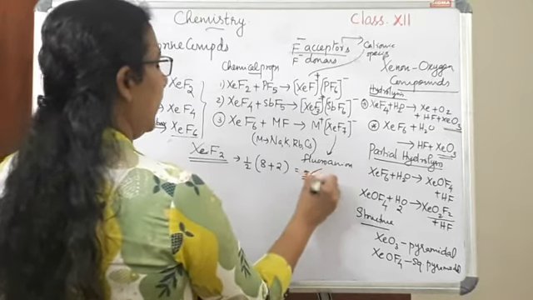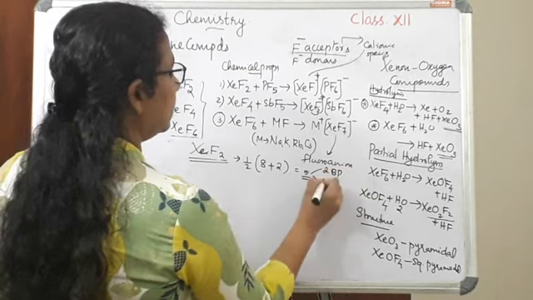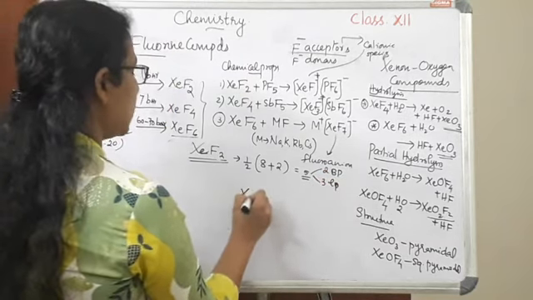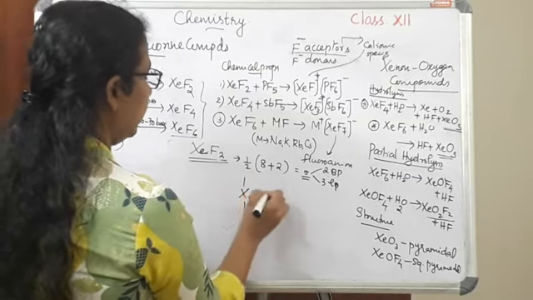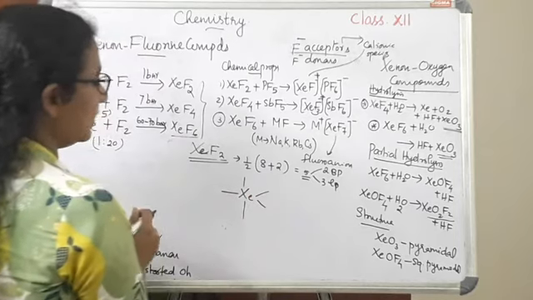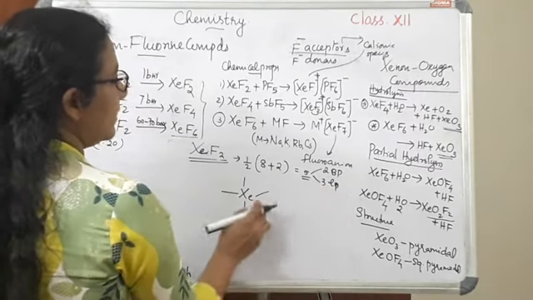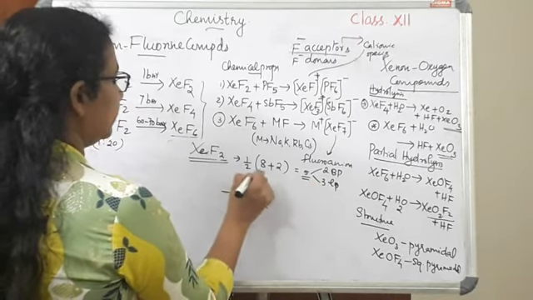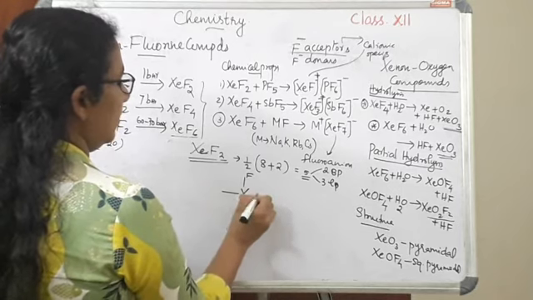Out of 5, 2 will be bond pairs and 3 will be lone pairs. So we can draw the structure like this. Since total is 5, we are expecting this shape, but the presence of lone pairs makes a different structure, that is, fluorine is here and these will be lone pairs.